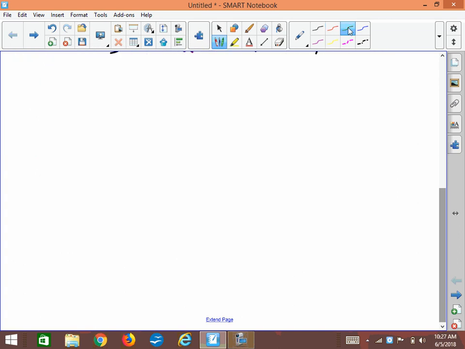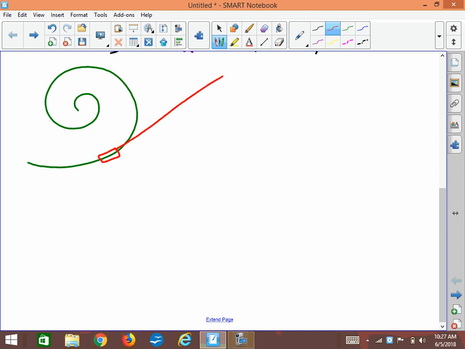I'll draw the edge of the cochlea there, and we're taking this little piece right here and making a microscopic blow up. Here's what you would see under the microscope. Instead of a little green line, you would see a whole bunch of green cells lined up along the inside of the cochlea.